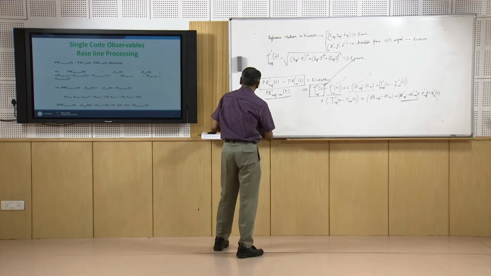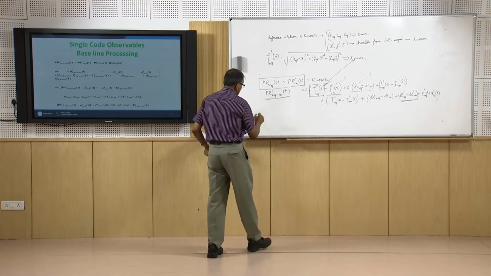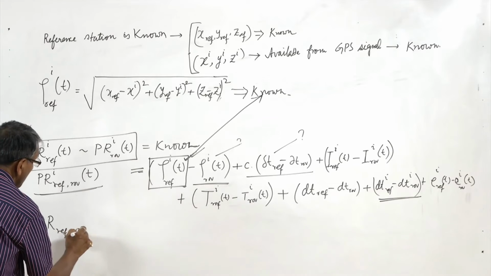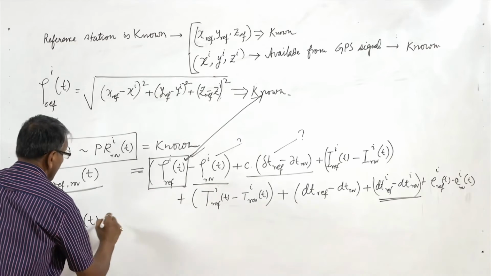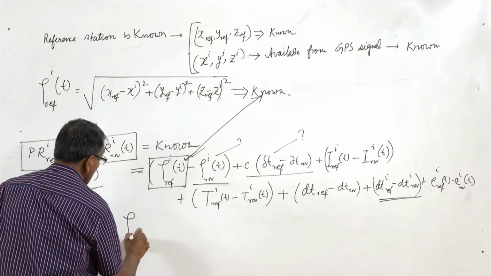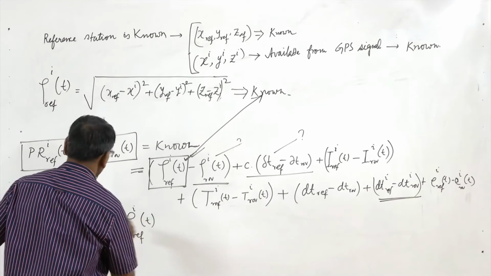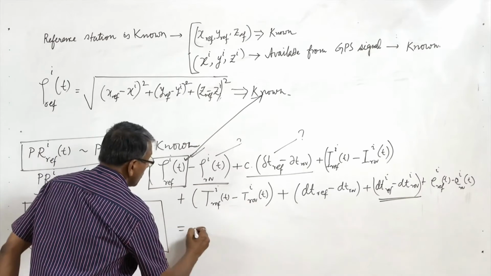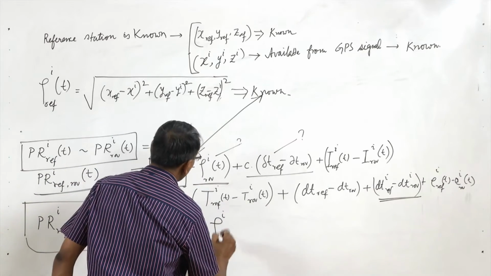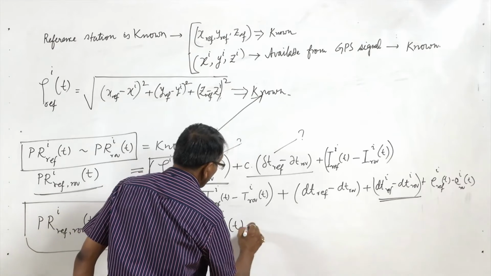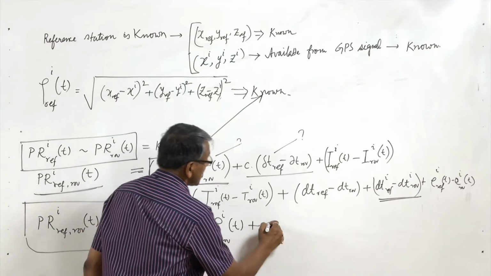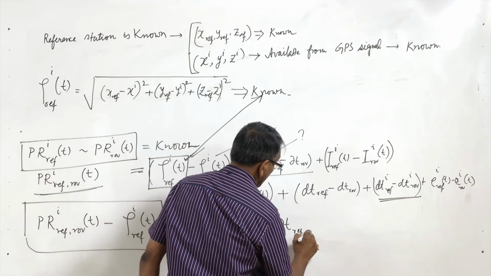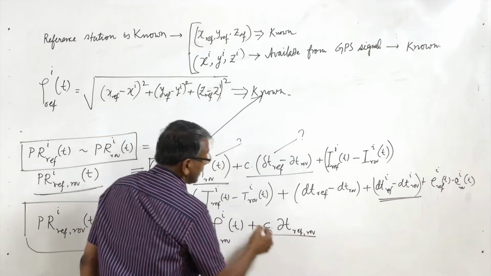So, the expression may now be changed to PR reference rover I t minus the reference range I t. This part is known again, and it is equal to minus the rover range plus C into the clock error between reference and rover, this is also known.